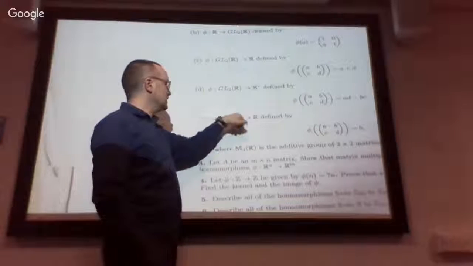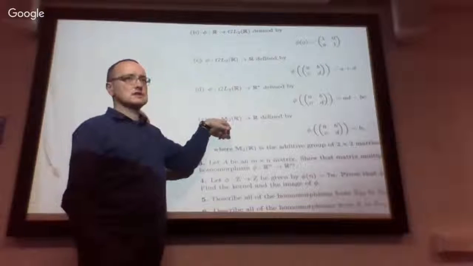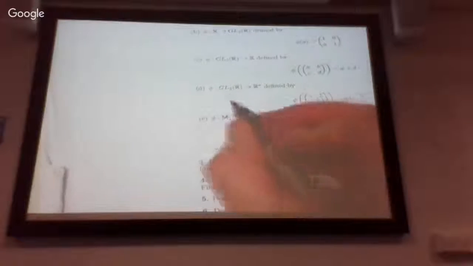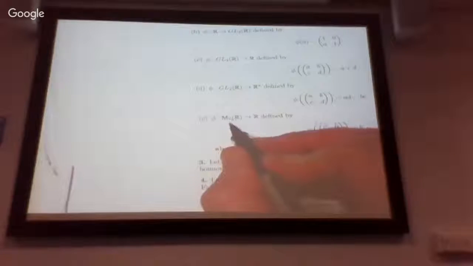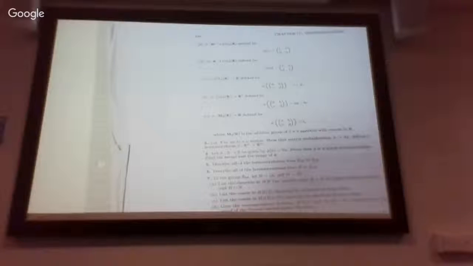M2R is simply the set of all 2 by 2 matrices under addition of matrices. Yeah, those were the conventions. This was multiplication of matrices. This was addition of matrices. So some of those maps phi will be homomorphisms. Some of them won't. So you want to be able to assess each of them and decide. You do it much the same way as you did the first one, and then examine the kernel of any that you think are homomorphisms.